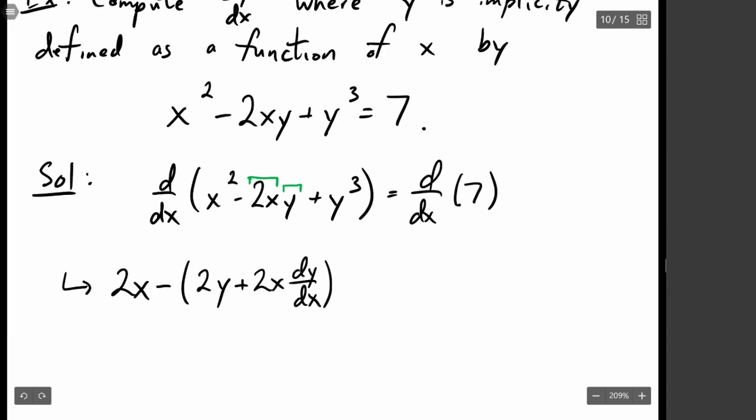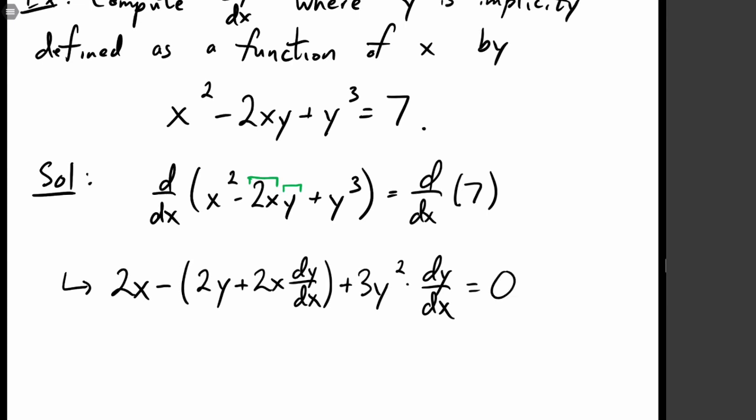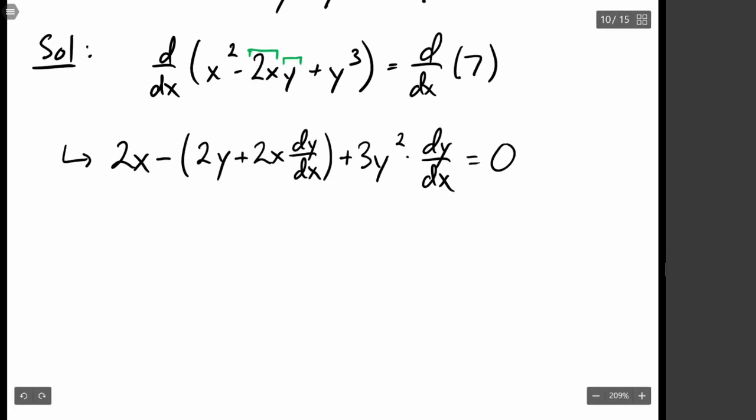And then the y cubed, well, we did something similar to that before. It's just a chain rule problem. So we'd get 3y squared times dy/dx. Over here, the derivative of 7 is just 0. So what we need to do now is solve for dy/dx. When we're doing this, we'll want to expand everything out here.